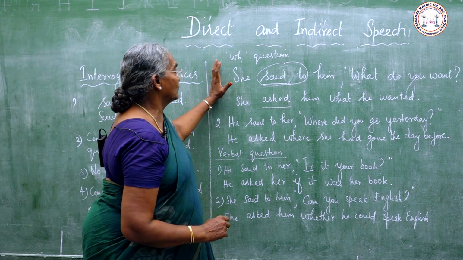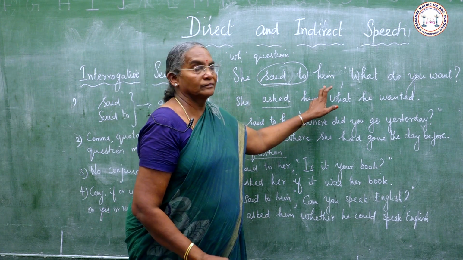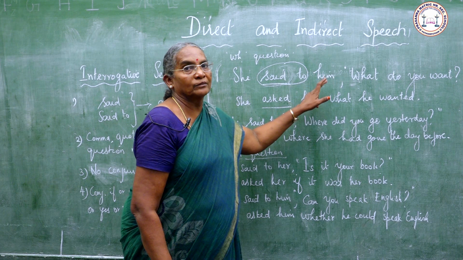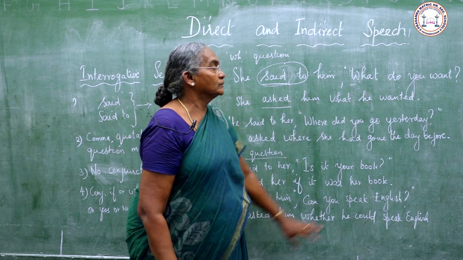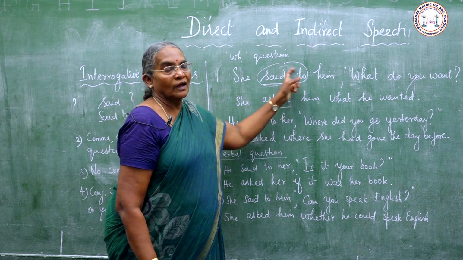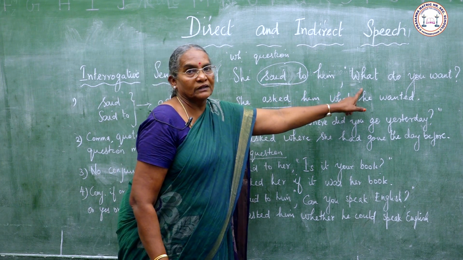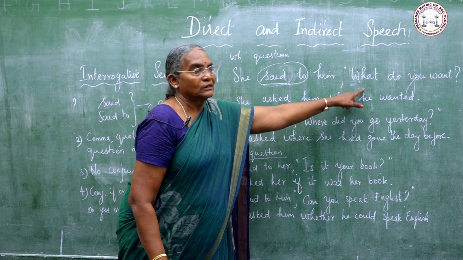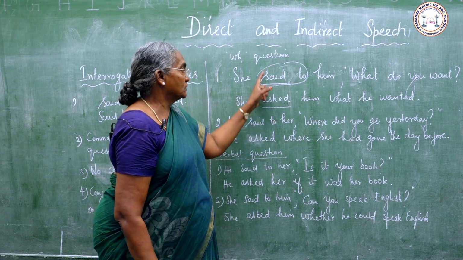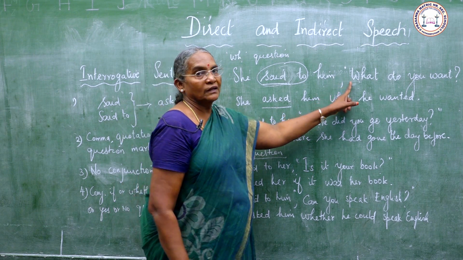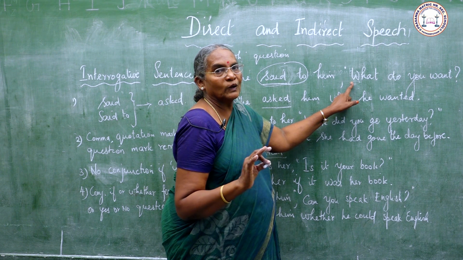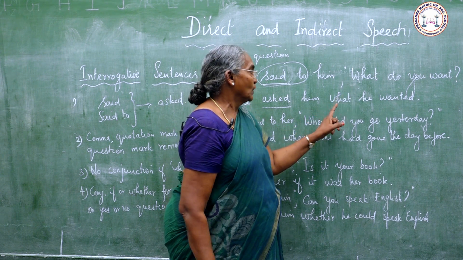Now we shall see the example. She said to him, "What do you want?" Said to is changed into asked because it is a question. The reported speech is a question. So we change said to into asked. She asked him. It is a WH question, so there is no conjunction. We need not add any conjunction here.